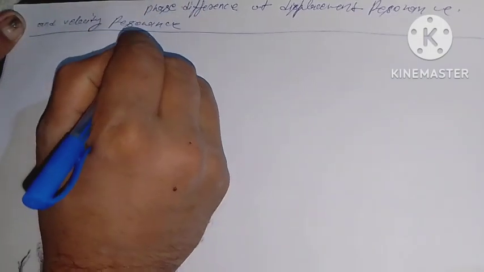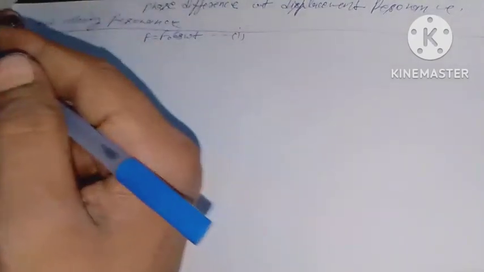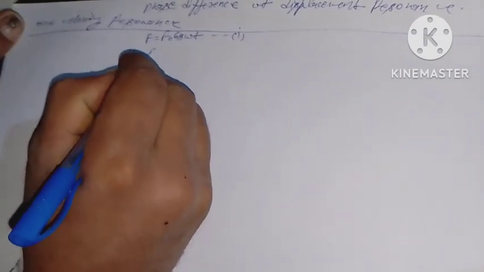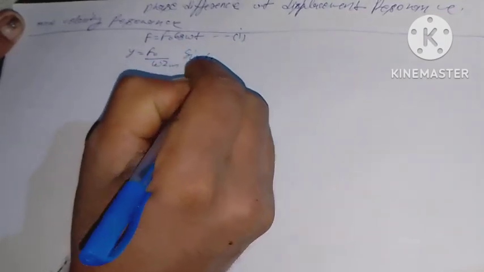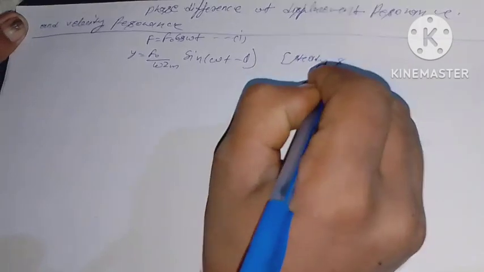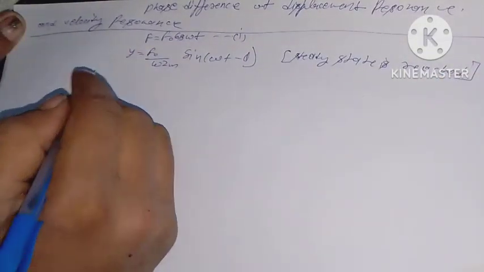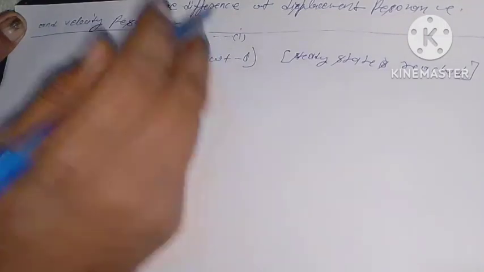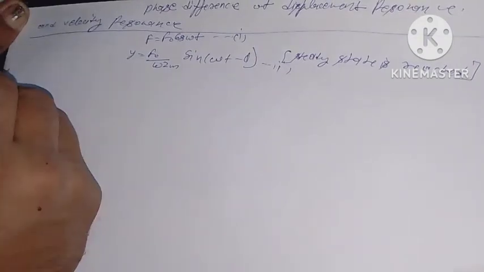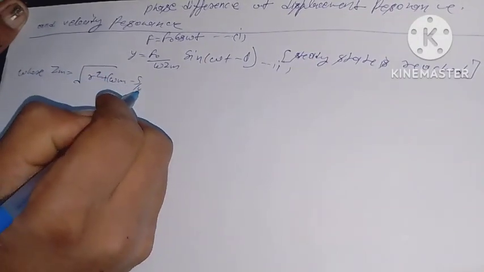When a periodic force F equal to F naught cos omega t, equation number first, is applied to a damped oscillator and steady state is reached, the displacement is given by y equal to F naught upon omega Zm sin of omega t minus phi, equation number second, where Zm equal to under root of r square plus omega m minus s by omega, whole square.